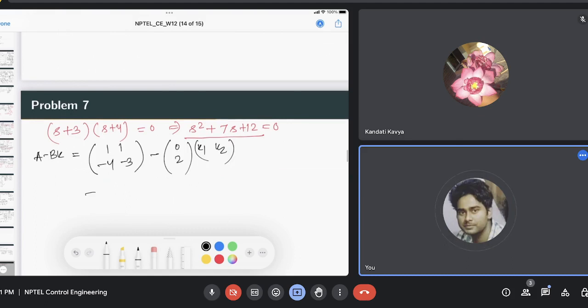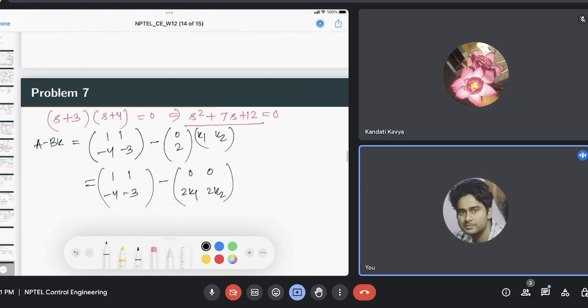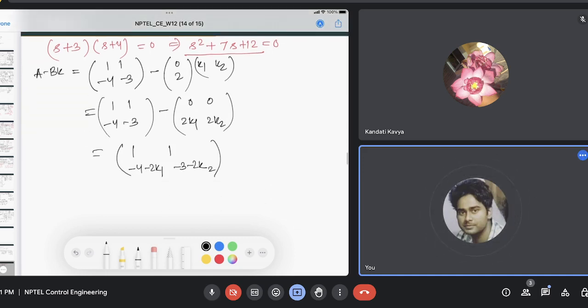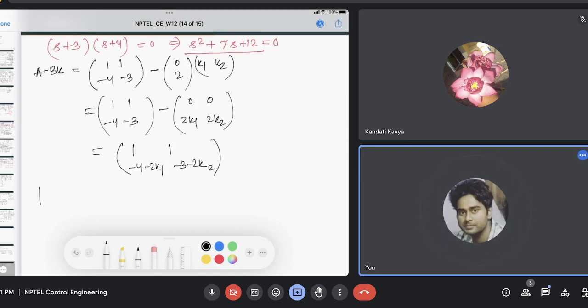So it is [1 1; -4 -3] minus [0 0; 2k1 2k2], which equals [1 1; -4-2k1 -3-2k2]. Okay, so then we find this A minus BK.